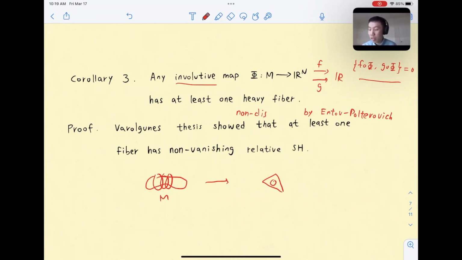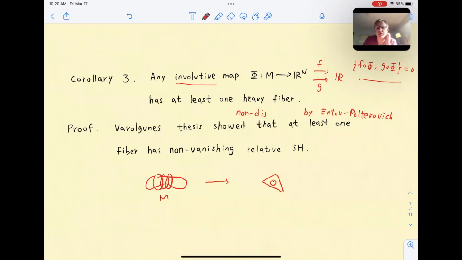And I think if you look into the original proof of Entov-Polterovich, why could they do this in the non-displaceable setting instead of the heavy setting? Somehow the thing missing is similar to the first corollary. For those heavy sets, at that time, there was no proper Mayer-Vietoris formula. But in the language of this relative invariant, there is a Mayer-Vietoris formula, and then all the argument works.